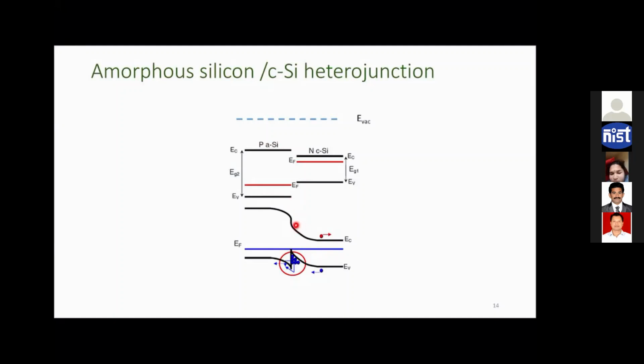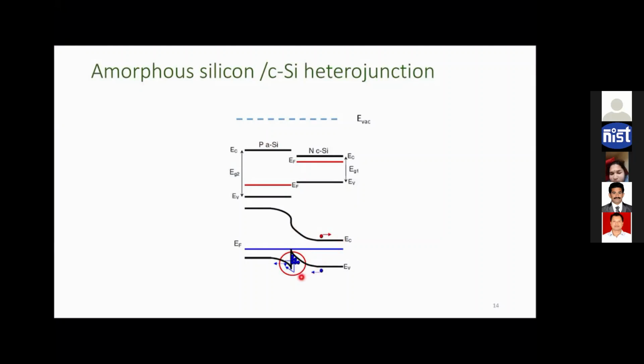And the loss of electrons can be understood by seeing the increased difference between the edge of the conduction band and the Fermi level near the interface, which is much higher compared to the difference in the bulk away from the surface.